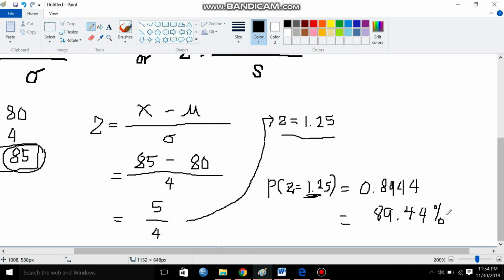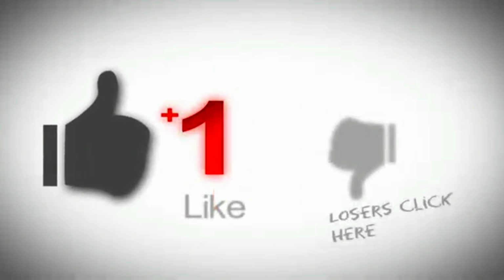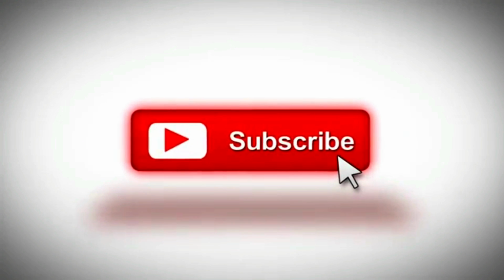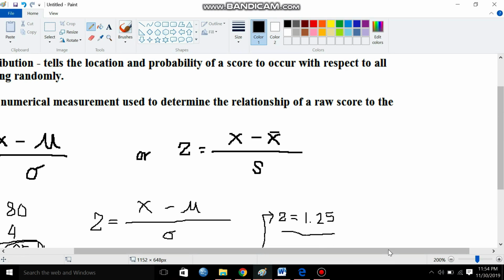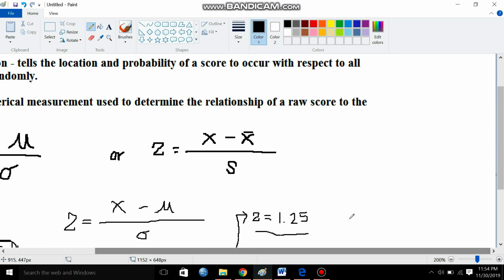Meaning, if you are a student who scored 85, your score is higher than 89.44% of the population. So that's it. Now let's take a look at example number 2.